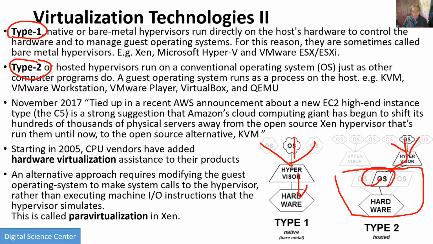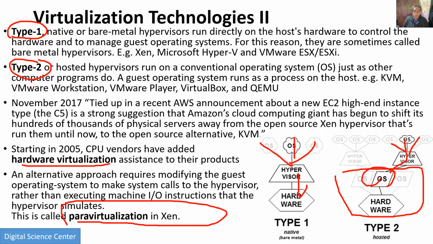And in some cases, you can modify the guest OS to make system calls to the hypervisor rather than executing machine I/O instructions, which the hypervisor simulates. That's called paravirtualization. All right, and since 2005, hardware virtualization has been around as an alternative to paravirtualization.